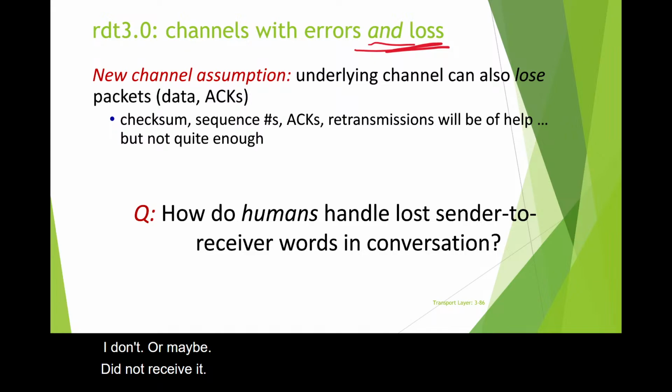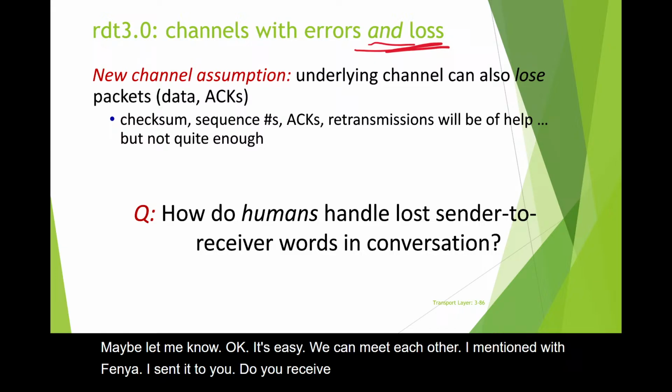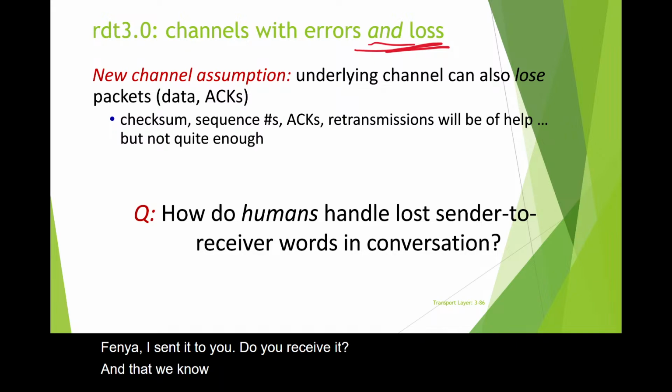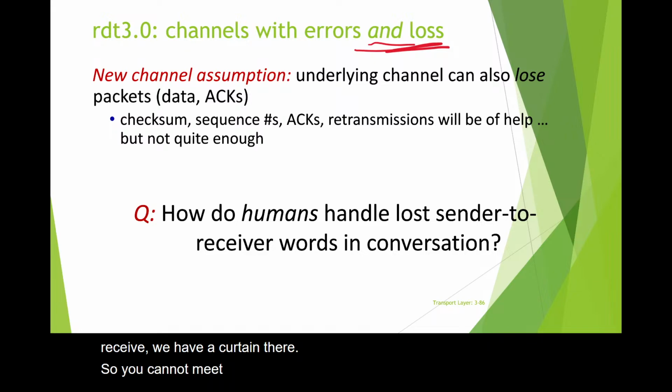How do you know that? Maybe you let me know. Okay, it's easy. We can meet each other. I meet with a student, I send it to you, do you receive it? And they let me know. Oh no, we cannot use that way because sender and receiver have a curtain between them. So you cannot meet each other. Then how do you tell that I don't receive it?